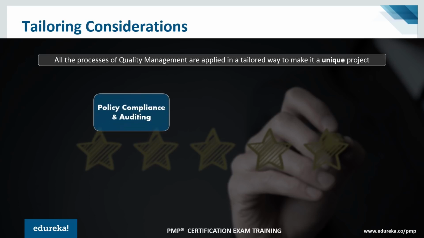For example, policy, compliance, and auditing. Whichever project you're working on, you have to customize or tailor the way you're working, considering the compliance or audit requirements. For example, I still remember working on a project where we had to comply with SOX compliance. That means the requirements were completely different.